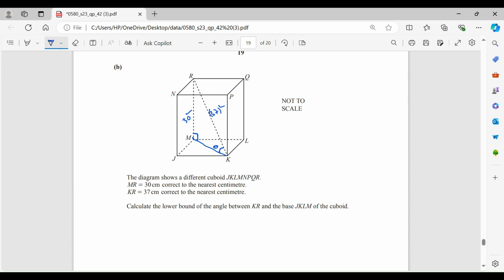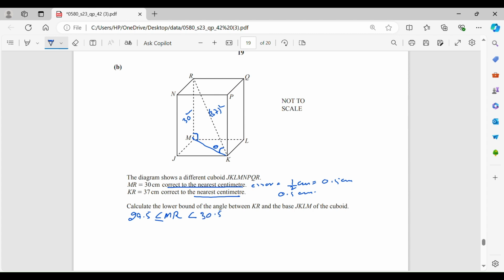Now, corrected to the nearest centimeter is given, so we have to find the error. Error will be 1 centimeter, so the error will be 1 by 2 centimeter, which is 0.5 centimeter. For this also the same, 0.5 centimeter. So MR will be greater than or equal to 29.5 and less than 30.5.